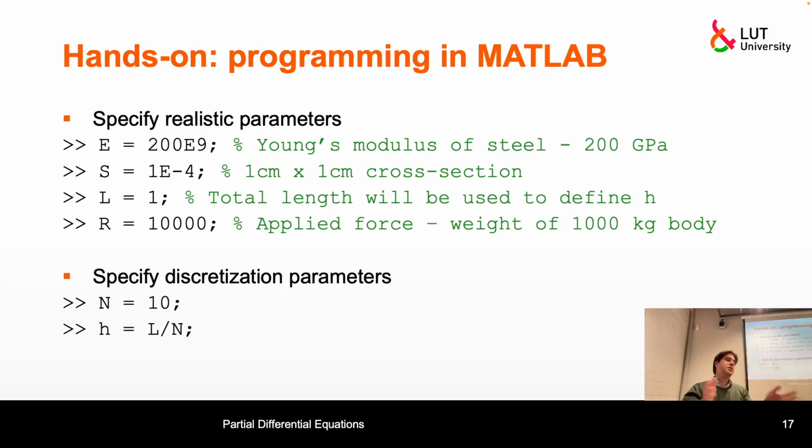But we'll check in the results. We'll see how much displacement we get. If we get some kilometer displacements or some nanometer displacement, we would immediately understand that something in our solution is wrong, because we chose parameters that were expected to produce some reasonable displacement for this type of structure.